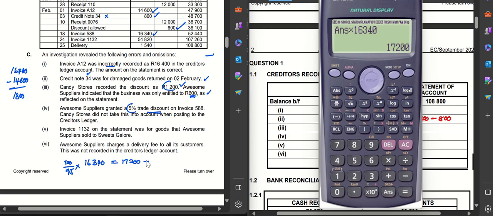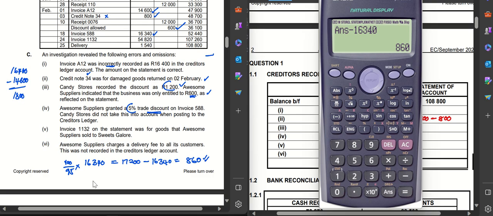Then after discount, we say minus 16,340. So if you say 17,200 minus 16,340 here, it will give you the discount amount of 860. So the discount there was 860.